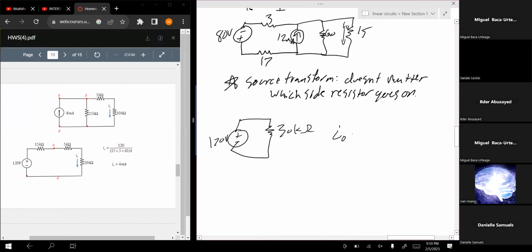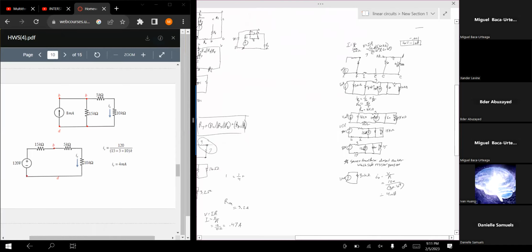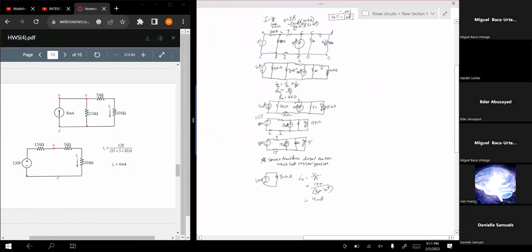So you have I naught is equal to the voltage over the resistance, which is 120 divided by 30 times 10 to the 3, which gives you 4 milliamps. Not bad. That's a nasty one. I do not like that at all.